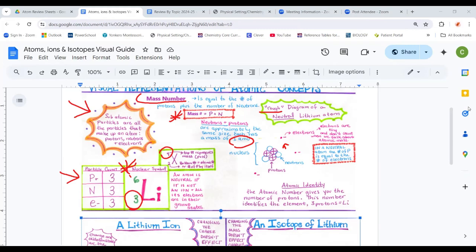The ones you can assume are going to be equal are the electrons and the protons. So this is confusing. The electrons and the protons being equal means that I have an equal number of positive and negative charges, which is what's making my atom neutral. Neutral means something doesn't have an overall electrical charge.